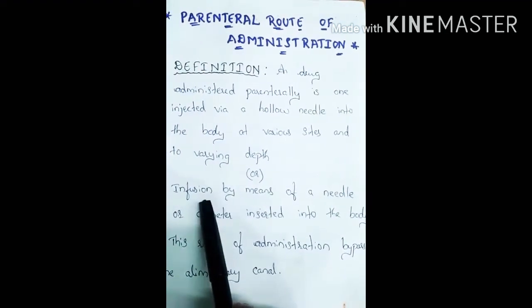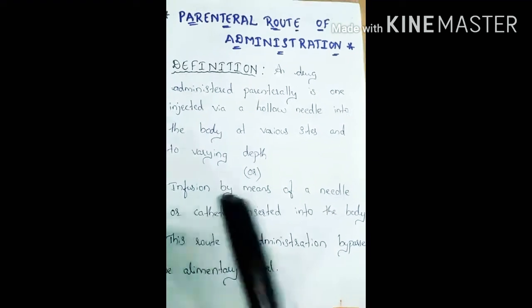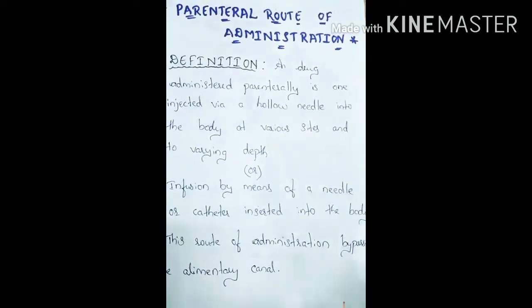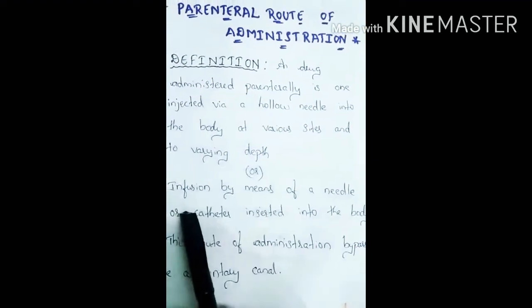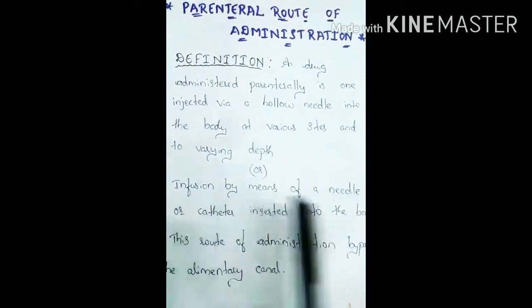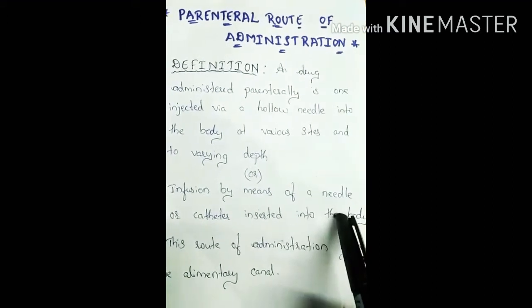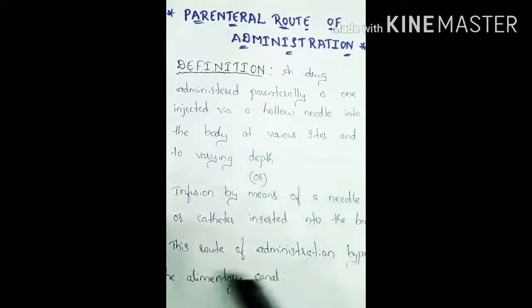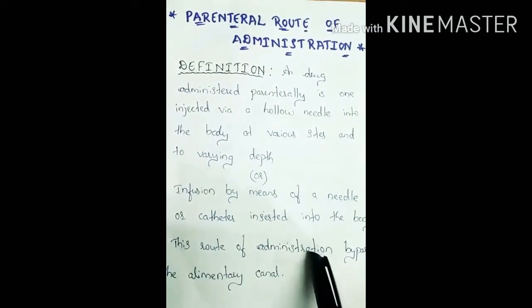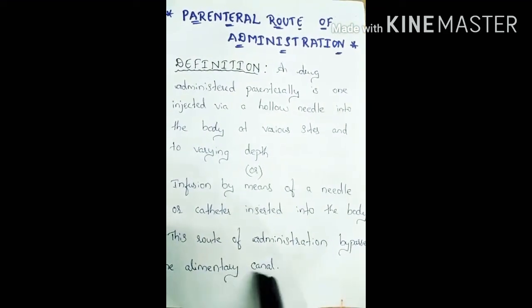Here infusion means administering medication directly into the bloodstream by means of a needle or catheter inserted into the body, and it shows its pharmacological action. This route of administration bypasses the alimentary canal.